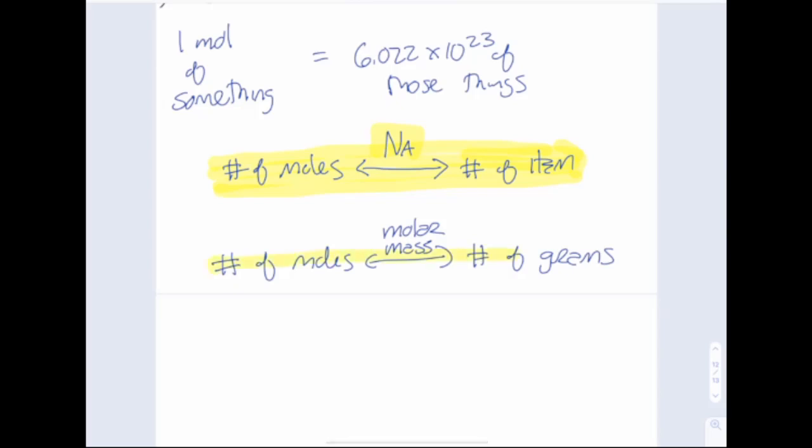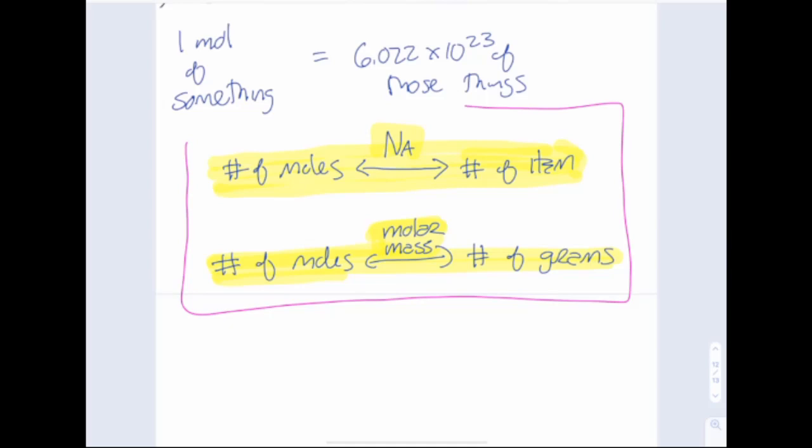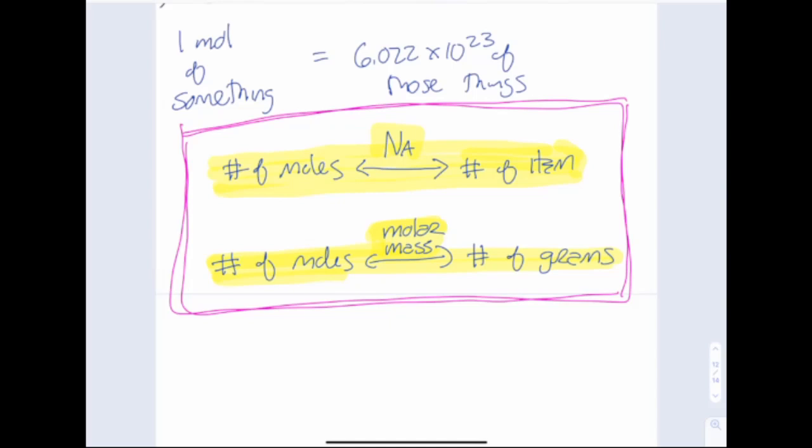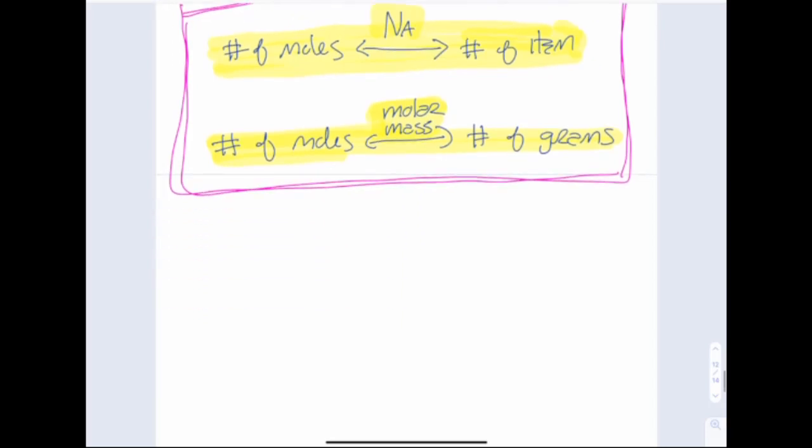Essentially, we're going to use the molar mass and Avogadro's number as conversion factors, and then just do dimensional analysis, just like we did in the last section when we were converting between inches and centimeters. We're converting between moles and the number of items, or moles and the number of grams. It's the same sort of process, just with these conversion factors. Hopefully this is making a little bit of sense. If not, it usually helps when we start doing examples, so I'm going to jump right into that.